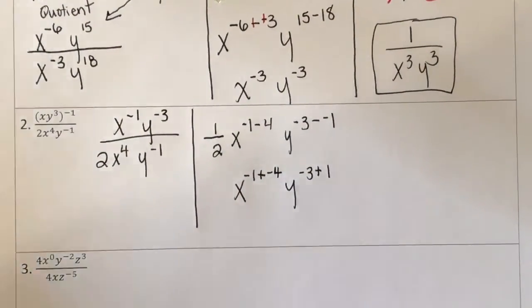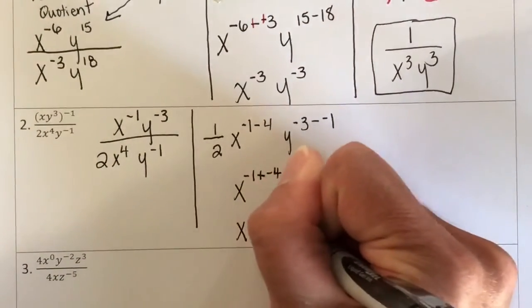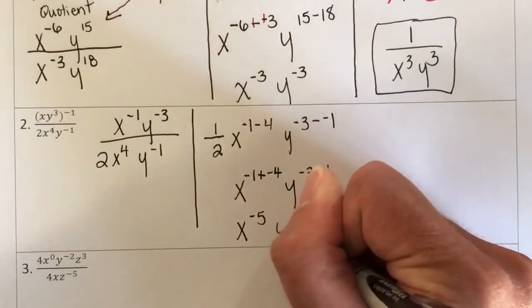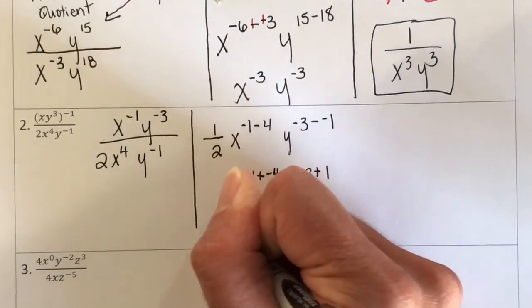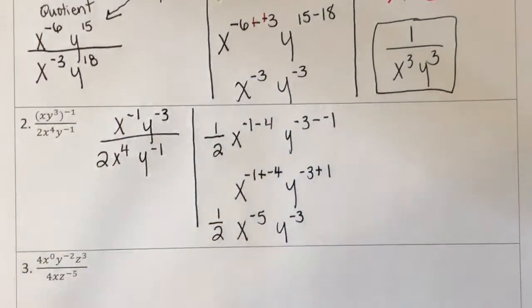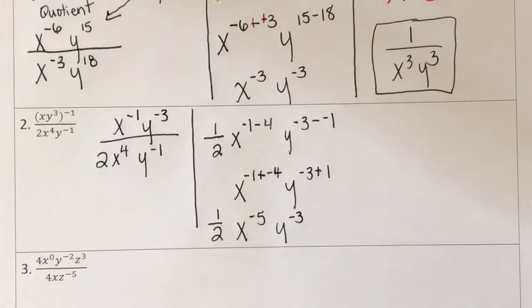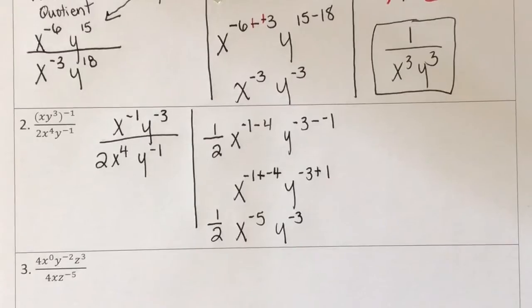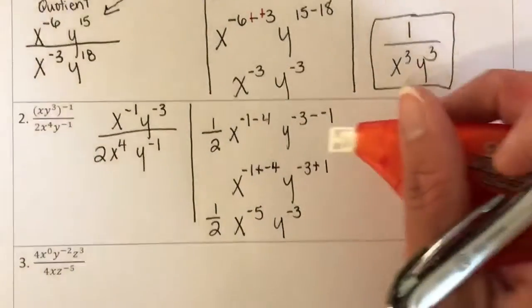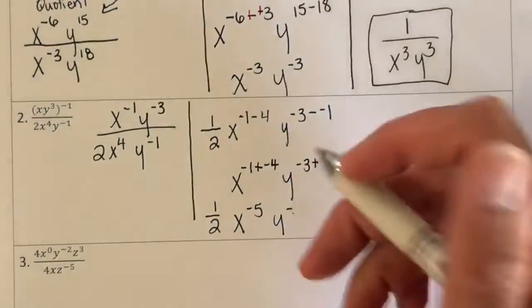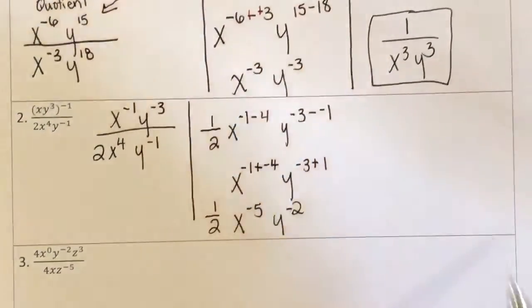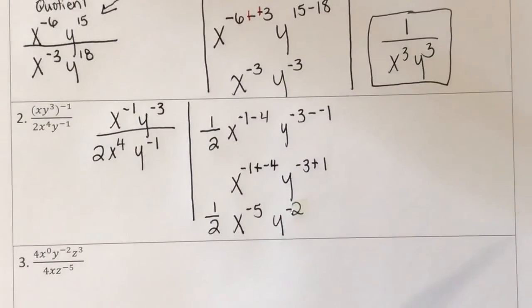So then that becomes x to the -5, y to the -3, and then I still have this 1/2 in front. So is this simplified? And the answer is, oh, sorry, -3 plus 1 is -2. Helps if I get my math right.